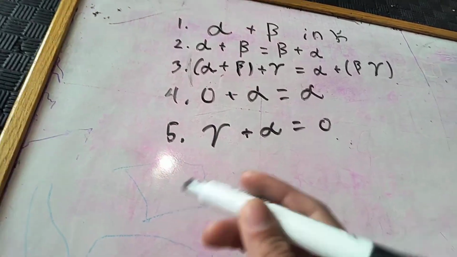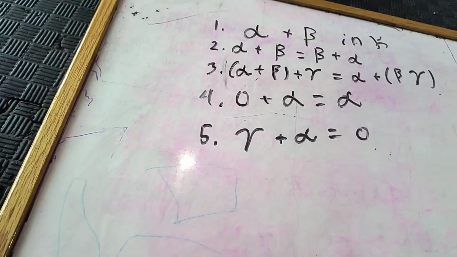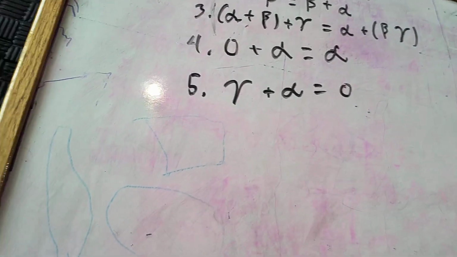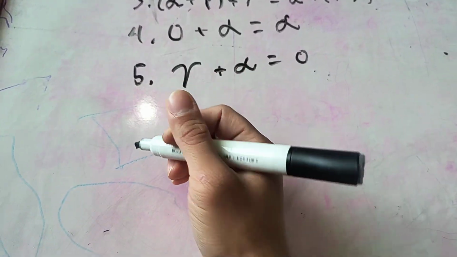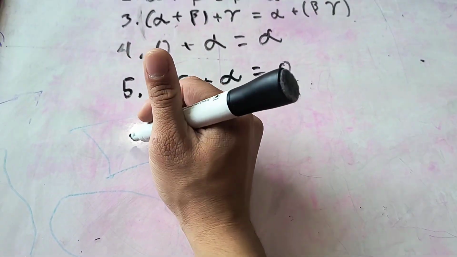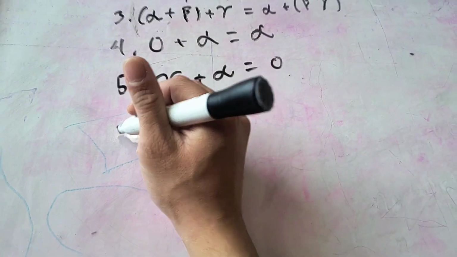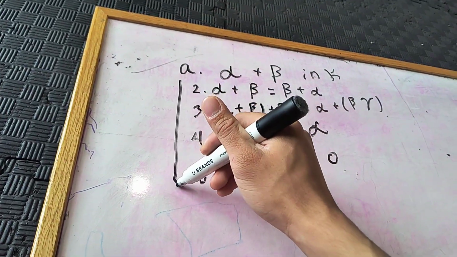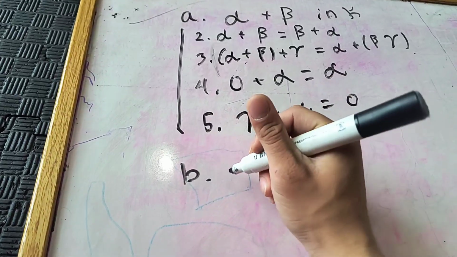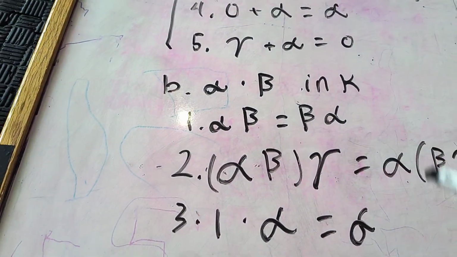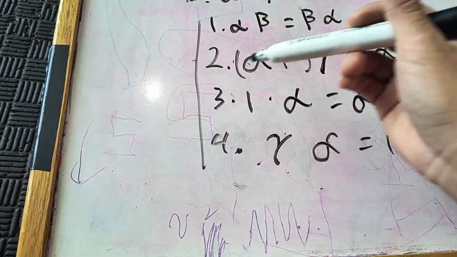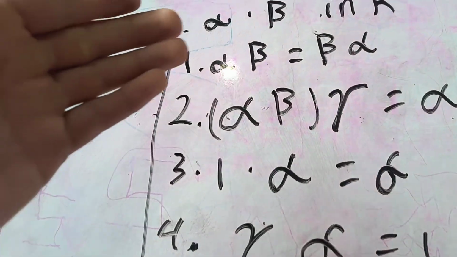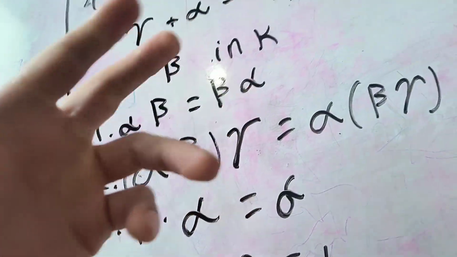Okay, the next set of rules is the product rules, the multiplication rules. For every pair of numbers in K, like alpha and beta, there corresponds a unique number alpha times beta that is in K. This is B, and the addition rules were part of A. The product rules mean alpha times beta is the same thing as beta times alpha.